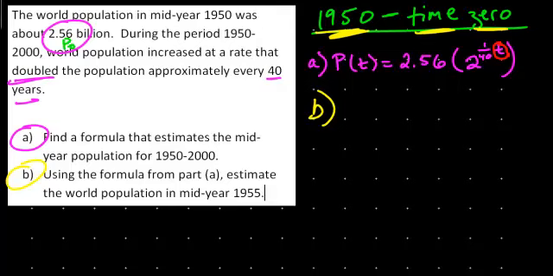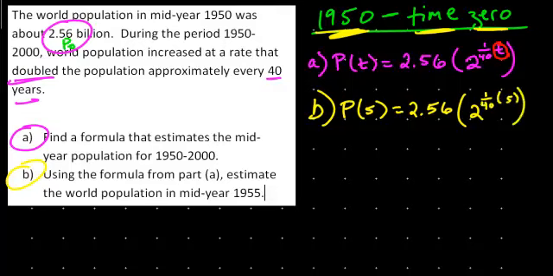So that's going to be P of 5 equals 2.56 times 2 to the 5/40ths. So let me just go 1/40th times 5. So that's going to equal 2.56 times 2 to the, and 40 is 8 times 5, I believe.